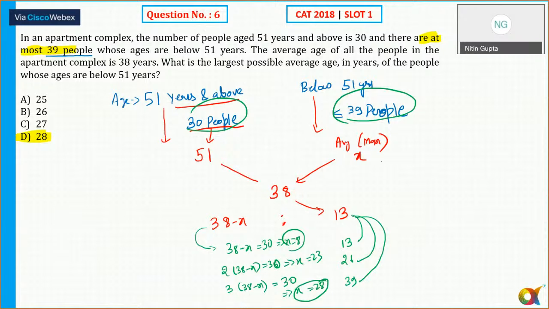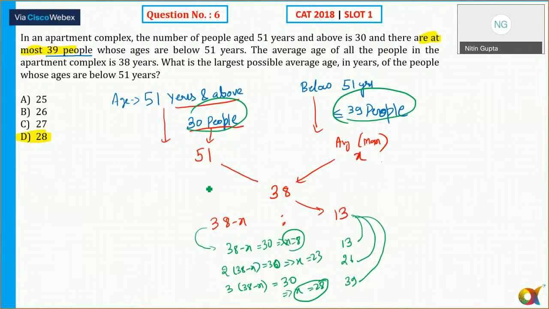38. So I take the difference: 51 minus 38 is equal to 13, and 38 minus x. So the ratio of the number of people of these two groups is 38 minus x is to 13. And here the actual number of people, in this case, has to be less than 39. But in the ratio, it is 38 minus x is to 13. So I can say the denominator should be a multiple of 13. Yes or no? So now what can these be?